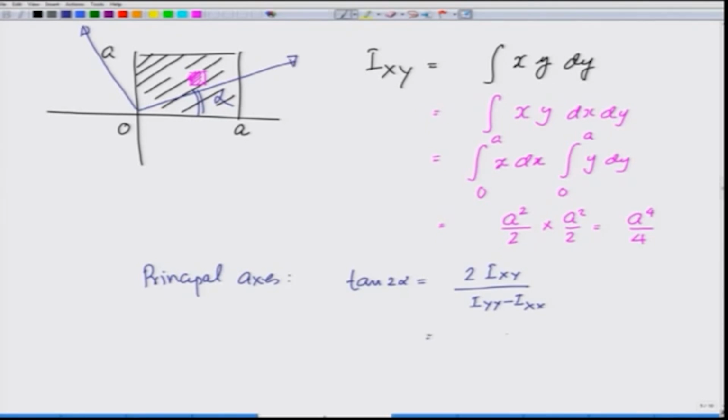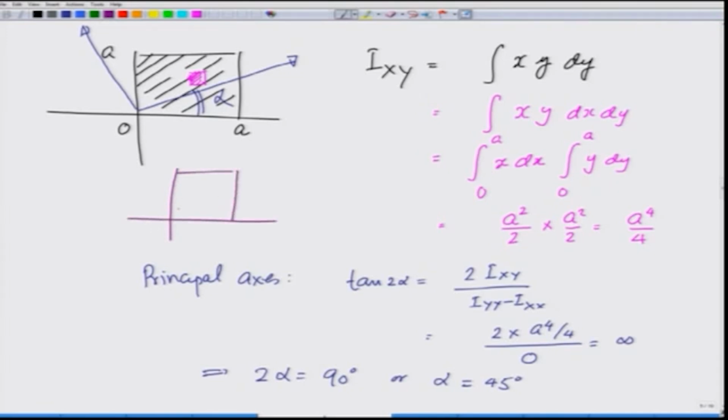So, this comes out to be 2 times a raised to 4 over 4 divided by 0, which is infinity, and this implies 2 alpha is 90 degrees or alpha is 45 degrees. So, we find that the principal axis in this case is going to be at 45 degrees to the x axis, and therefore, this is the principal axis. In this new set of axes, let us call it x prime y prime, Ix prime y prime will be 0.